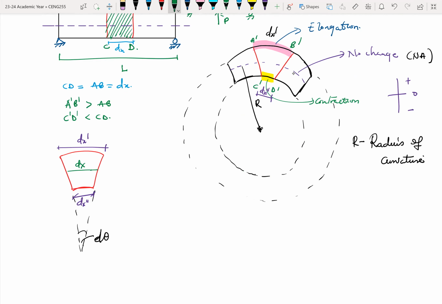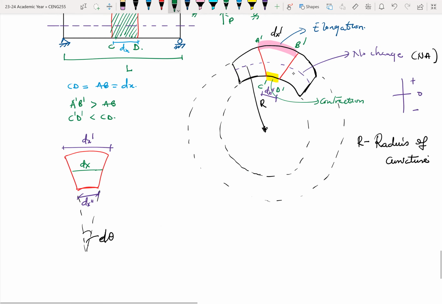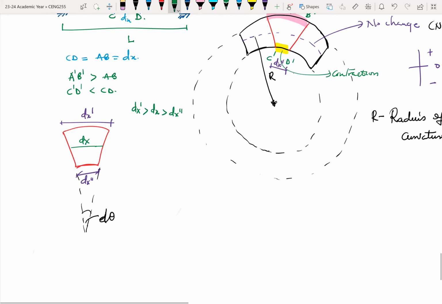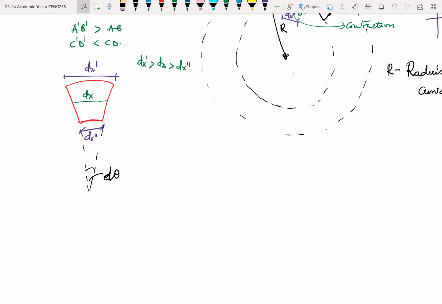Okay, so simply put, it means that the x prime is greater than the x, which is also in turn greater than the x prime prime, because there's elongation at the top and then there's contraction at the bottom. Okay. So this point is your center. Nothing has changed. So from the center to the neutral axis, that distance here is going to be our radius r.